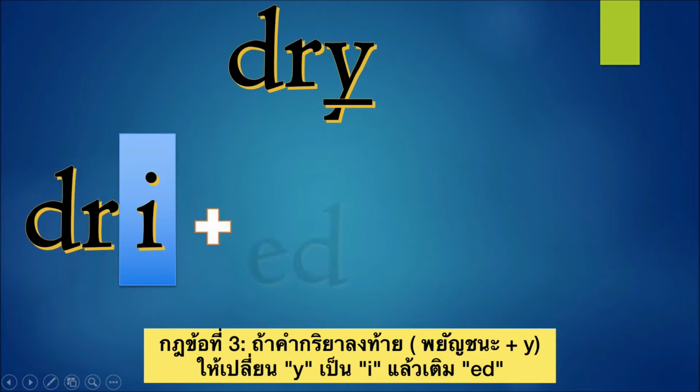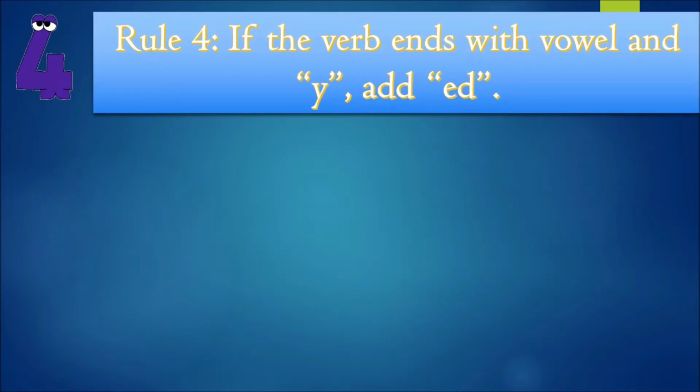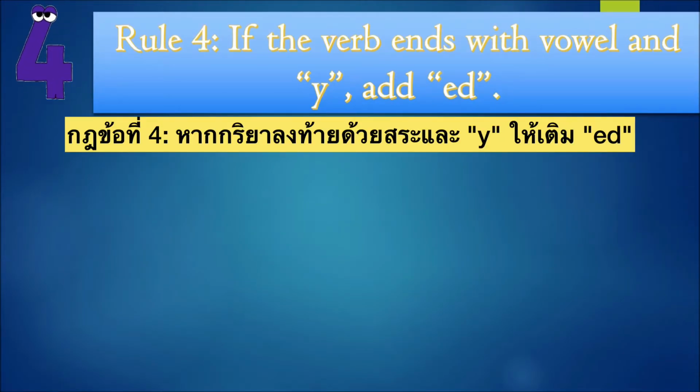Okay. So now let's go to rule number 4. Rule number 4 says, if the verb ends with vowel followed by Y, add ed. Okay?